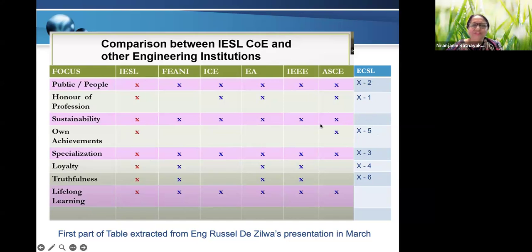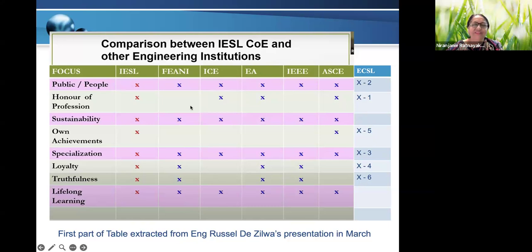However, I think it's important that they include at least these 2 essentials: lifelong learning and sustainability should be included in them. And I don't know why they have not done it, because those are really very important aspects of our profession, right?